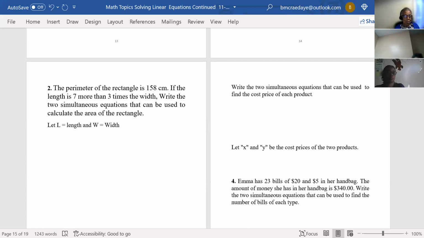So what would the perimeter, if L is length and W is the width, what would be the perimeter formula? That would be one of your simultaneous equations. What would that be?